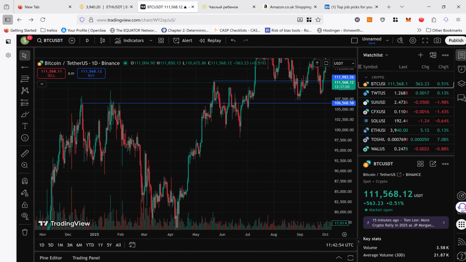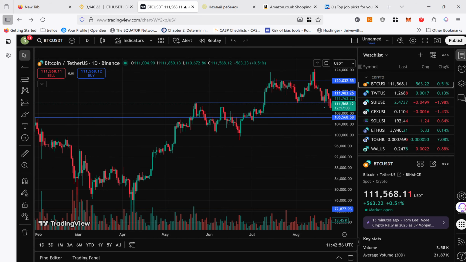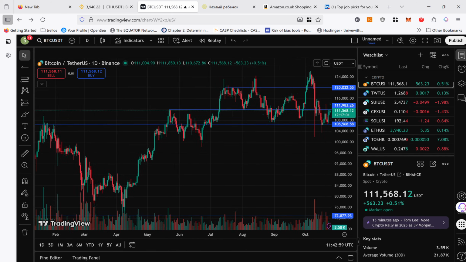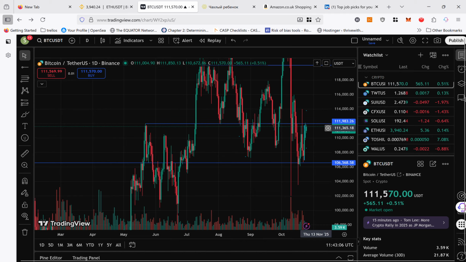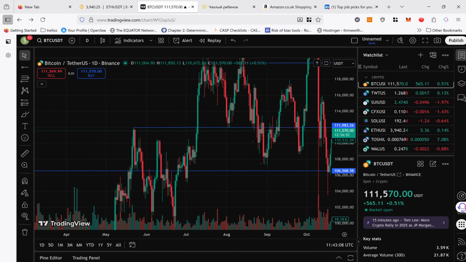Then yesterday we were looking at this level in particular. Let me open up slightly. It's not very accurate because my tools are not.